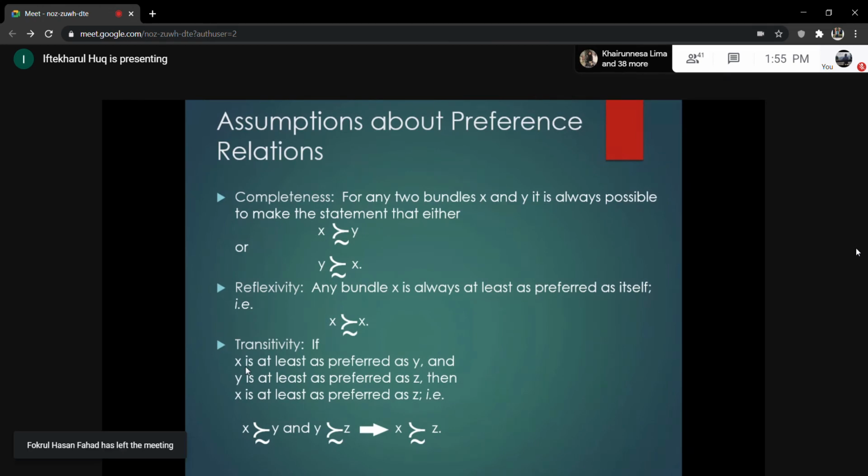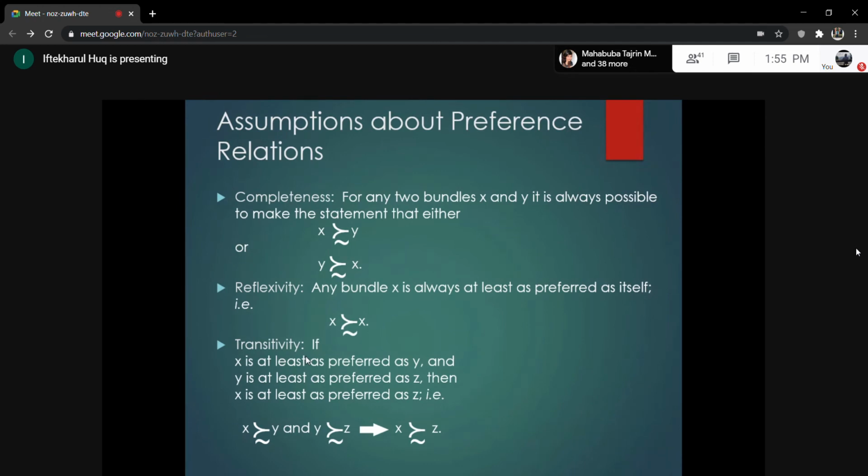Let me make it a bit easier. Drop the "at least as preferred." Let's imagine X is preferred over Y, not at least as preferred, but a strict preference.